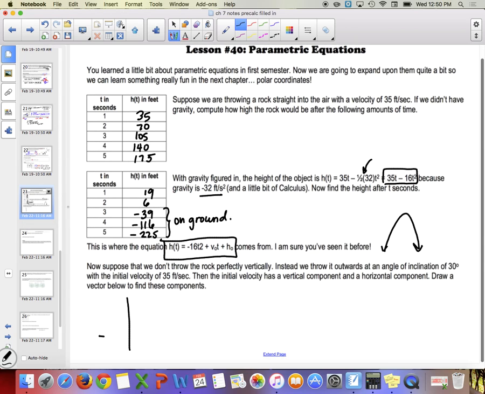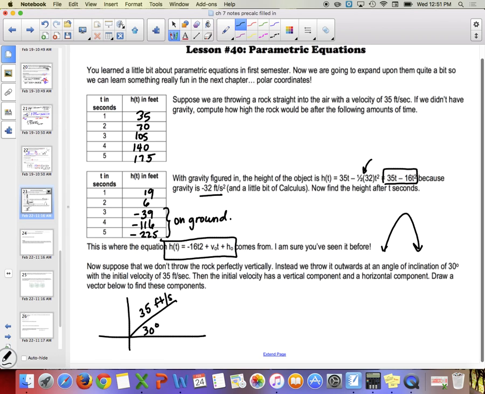If you're throwing something at an angle of inclination of 30 degrees, you're still going to have gravity pulling it down. But your initial velocity, 35 feet per second, is in that diagonal direction. Does that make sense?